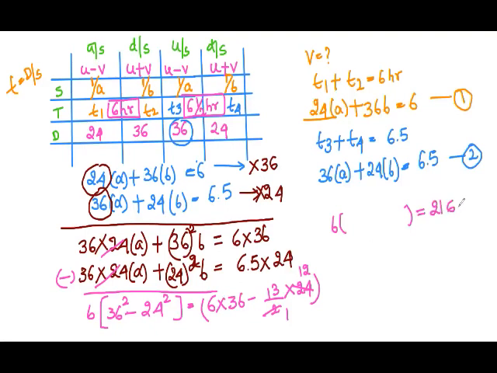Minus, so 13 into 12: 12 tens are 120, plus 36, 120 plus 36 is equal to 156. You are getting this 156.